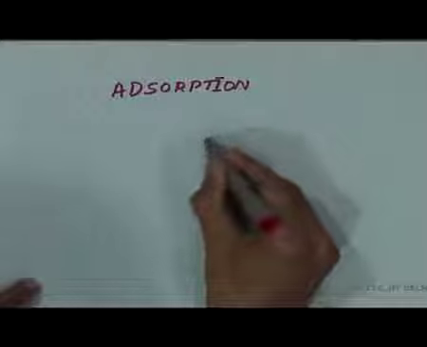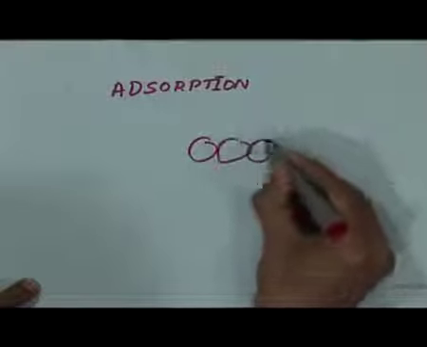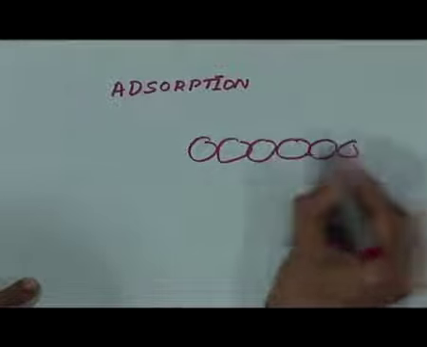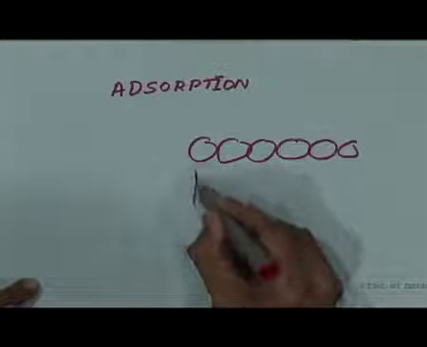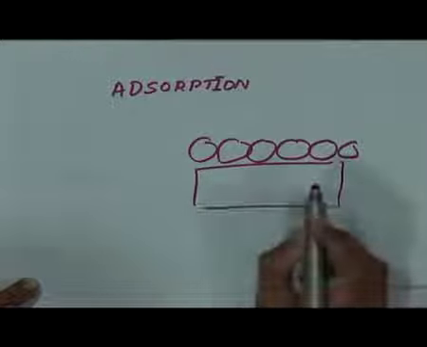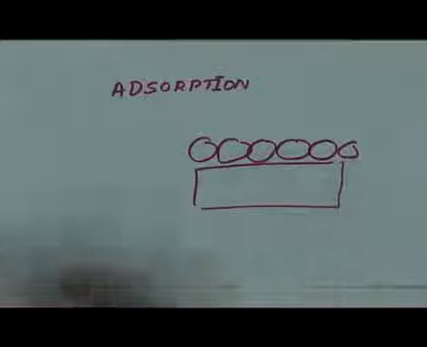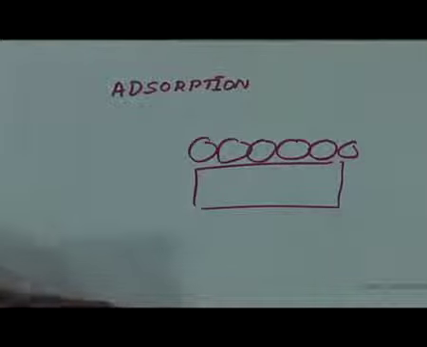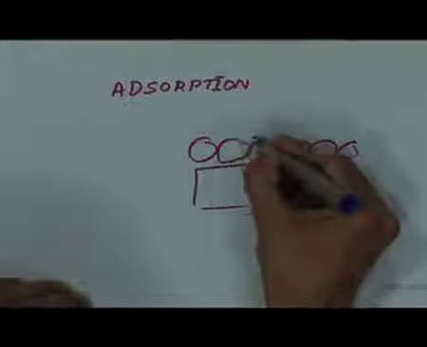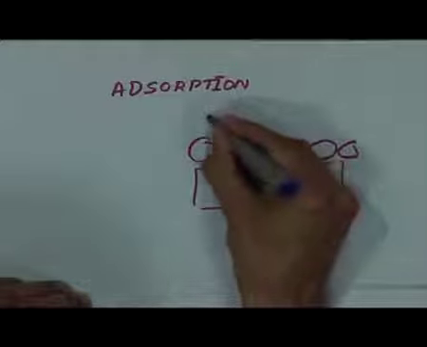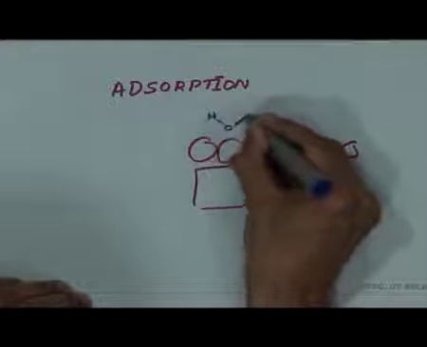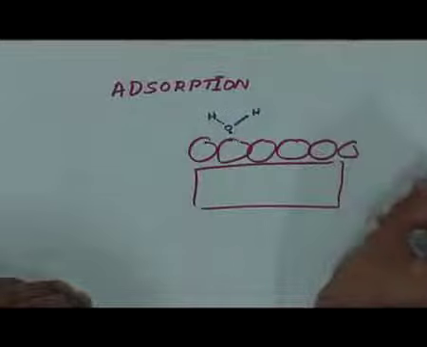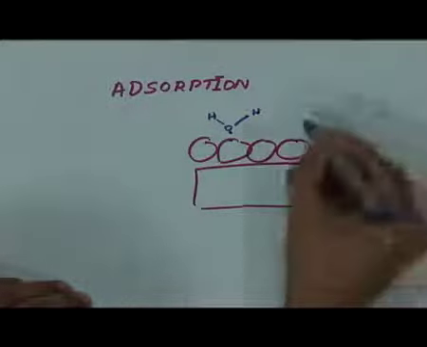So, if you have a surface, imagine this surface, and I am not drawing the things that are there at the bottom. Let us imagine that I have some water molecule or something like this. So, this is silica, think about it. So, water comes and binds to this. Okay.